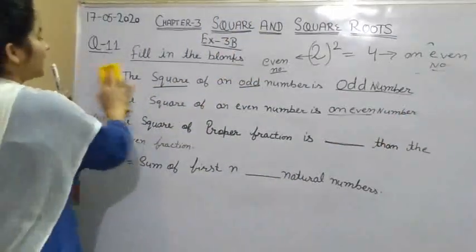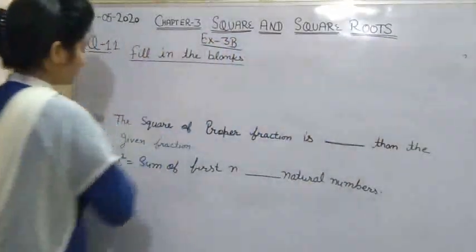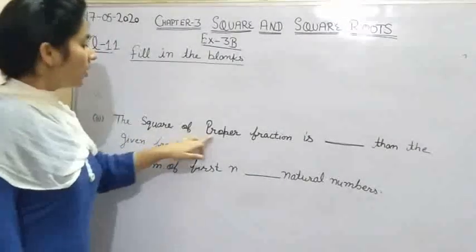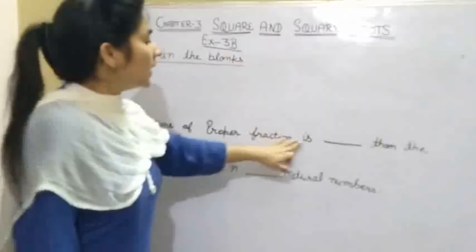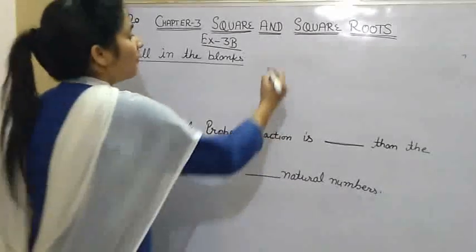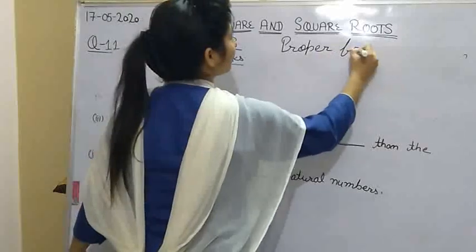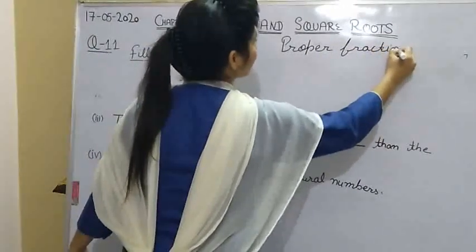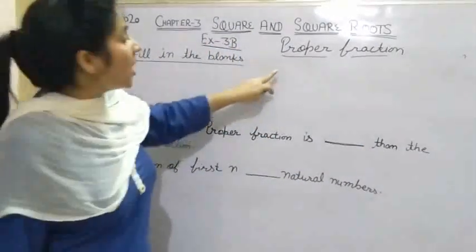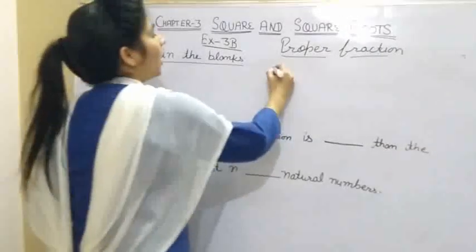Your next part is: the square of a proper fraction is dash than the given fraction. What do you mean by a proper fraction? In previous classes, we have discussed the proper fraction.